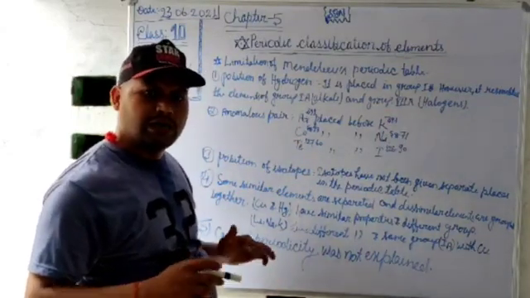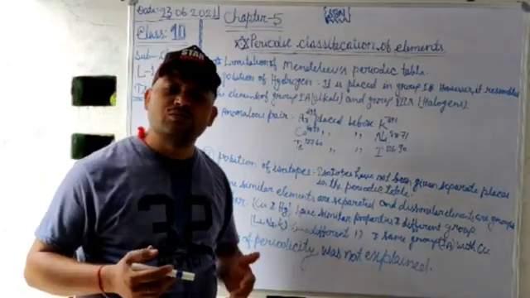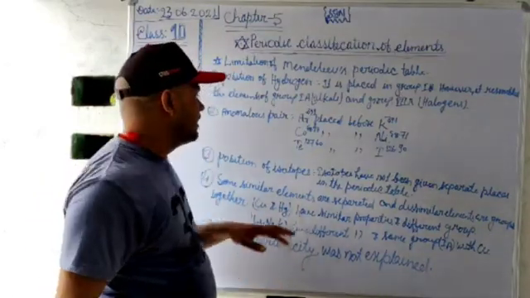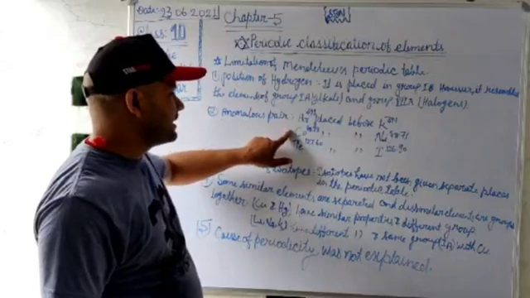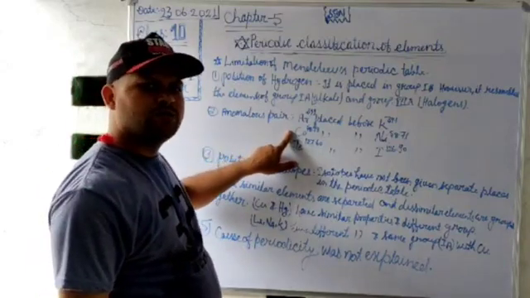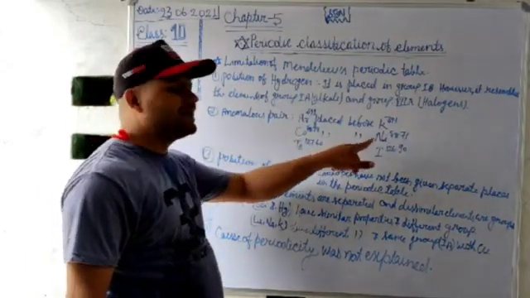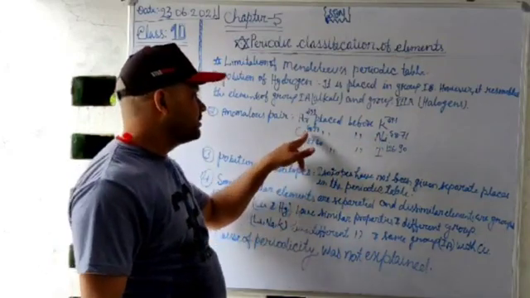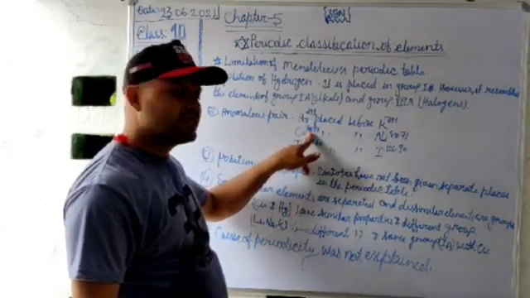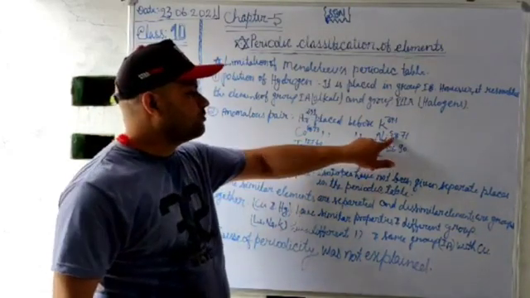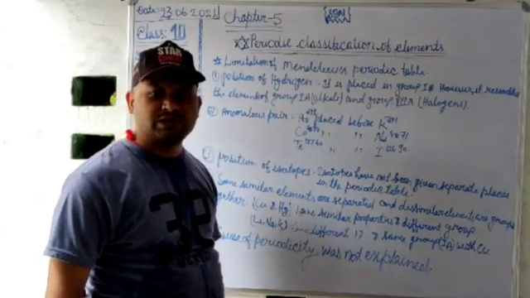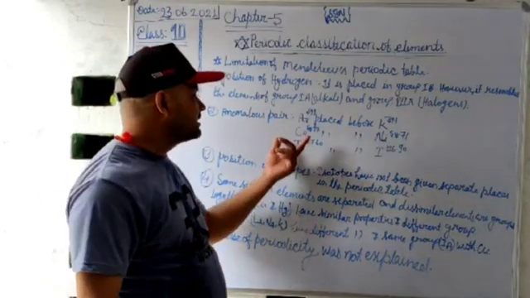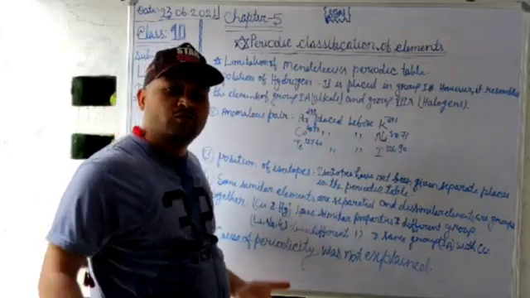That's why Mendeleev's periodic table was not accepted, and the same thing also happened with the positions of cobalt and nickel. The atomic mass of cobalt is 58.93 and the atomic mass of nickel is 58.71, but cobalt is placed before nickel. Why?